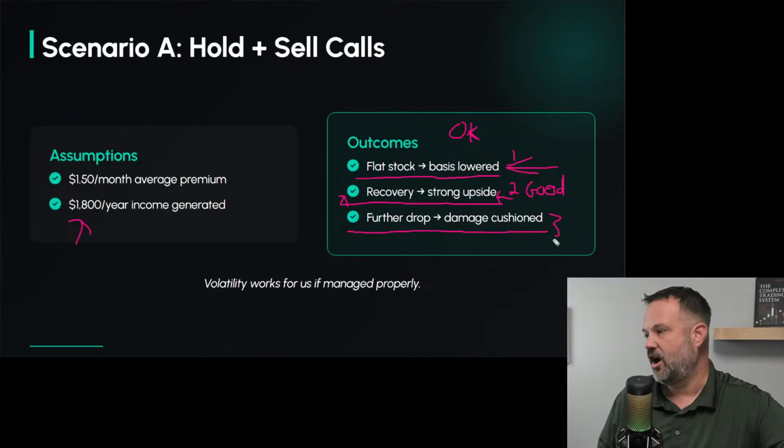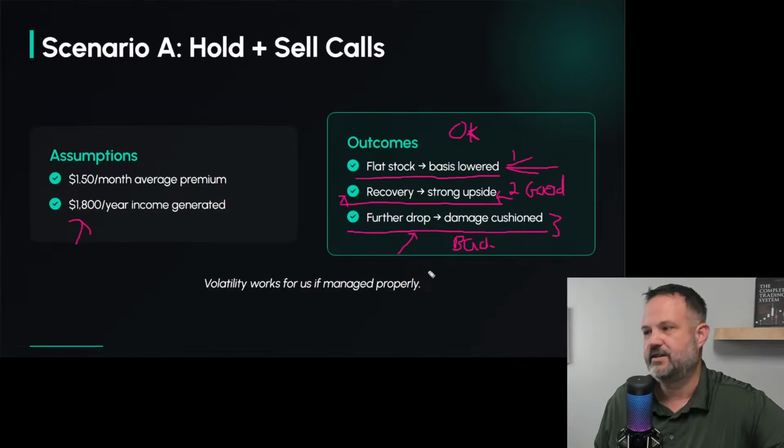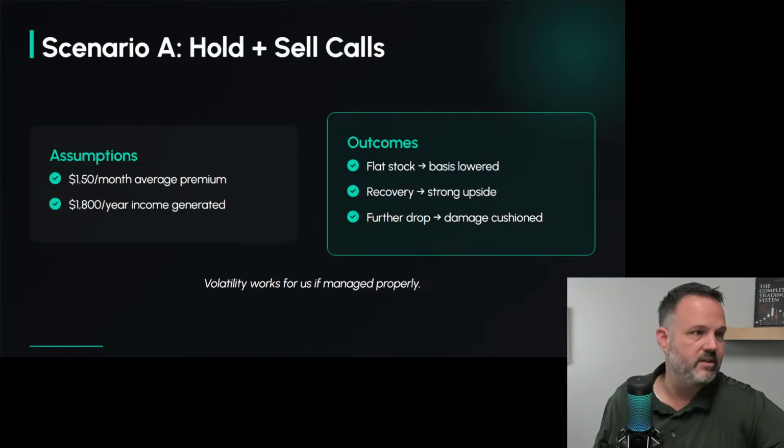Option number 3 is a further drop, with the damage cushioned because we're selling income. So 2 out of 3 outcomes are pretty good, but the bad one is if it keeps going down. Our damage can be recovered if we're still selling, so even the bad is not as bad because of income. Selling calls is a good option here.